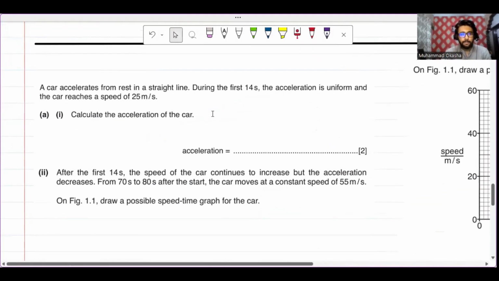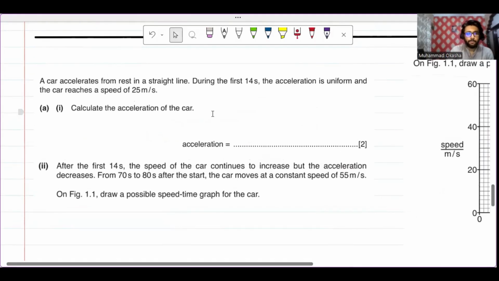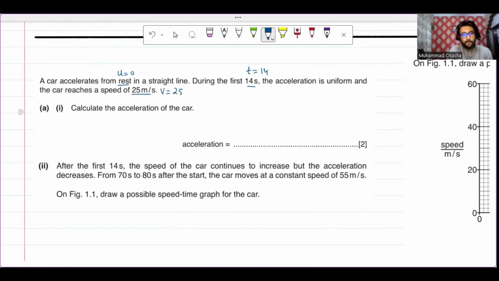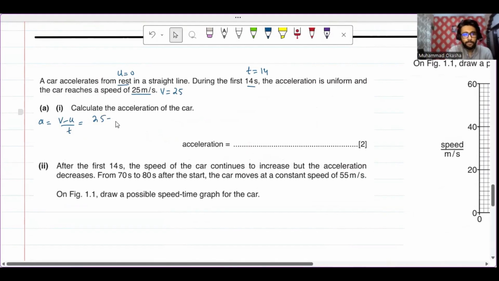A car accelerates from rest in a straight line, which means the initial speed is equal to 0. During the first 14 seconds, time is equal to 14, acceleration is uniform and it reaches a speed of 25 meters per second, which means the final speed is 25. Calculate the acceleration of the car. We know it's v minus u divided by t. V is 25, u is 0.